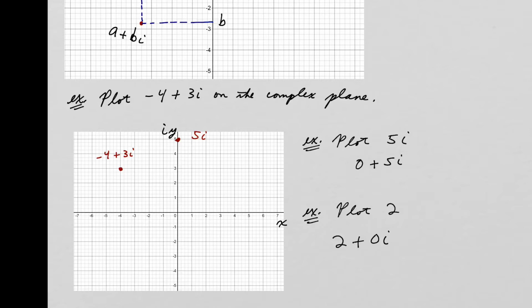So right on the x-axis, which makes sense, this is my real axis, I would plot the 2. So this is 2. Or if you want to write it as 2 plus 0i, but we would just ignore the 0i and write that as 2. And then this one up here, again, would be 0 plus 5i if we write it out carefully as a complex number. But 5i stands for the same thing.